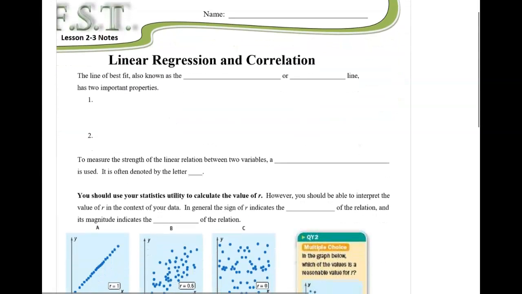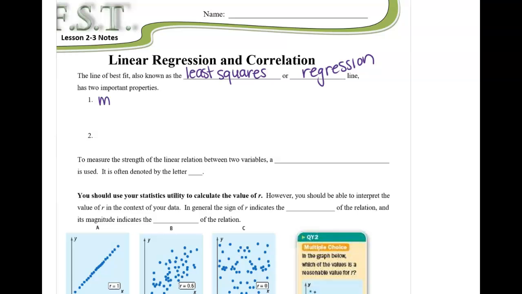Lesson 2.3 is about linear regression and correlation. So the line of best fit, which we worked on in the last lesson, also known as the least squares or regression line, has two important properties.